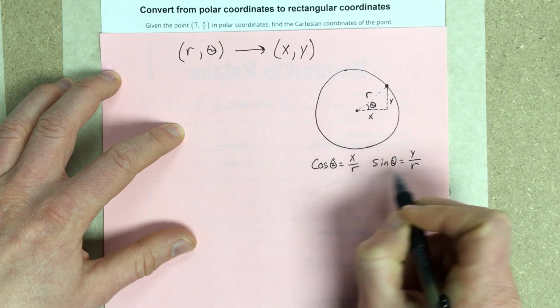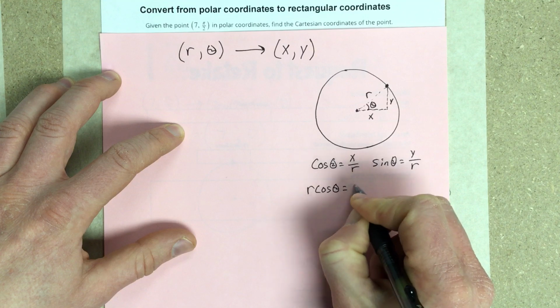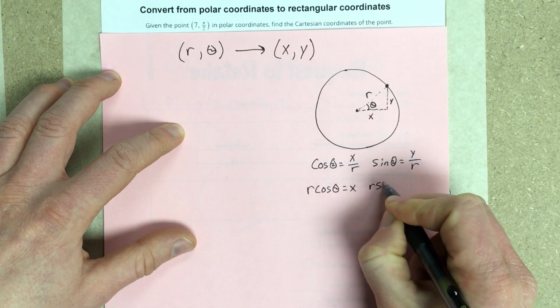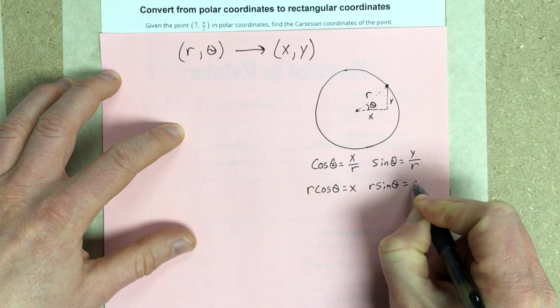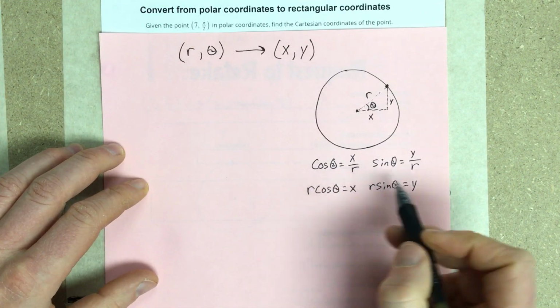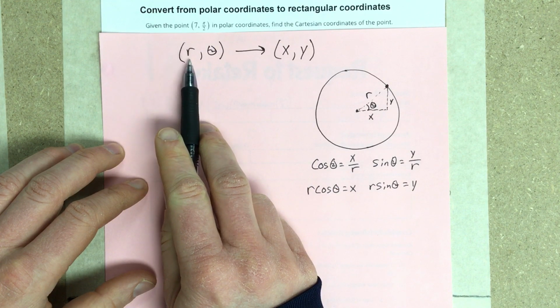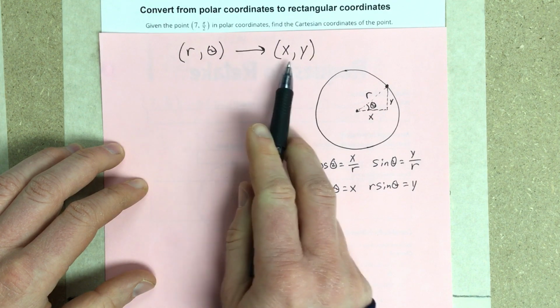If I multiply by r on both sides, I end up with r cosine theta is x, and r sine theta is y.